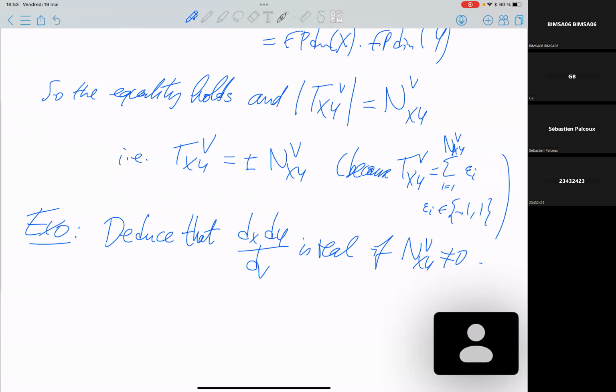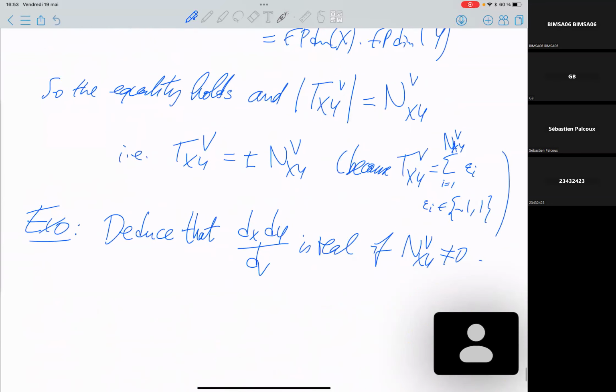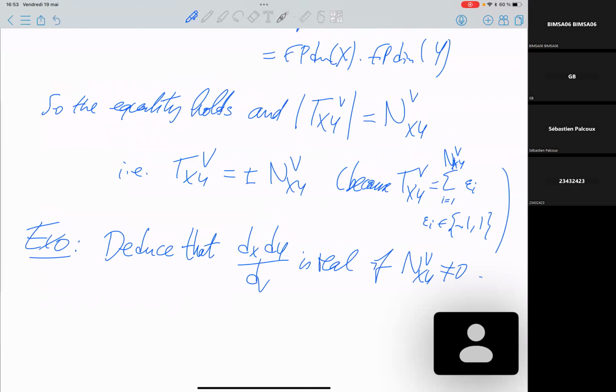During my preparation this morning, I was not able to understand how to prove that. So I put it as an exercise.